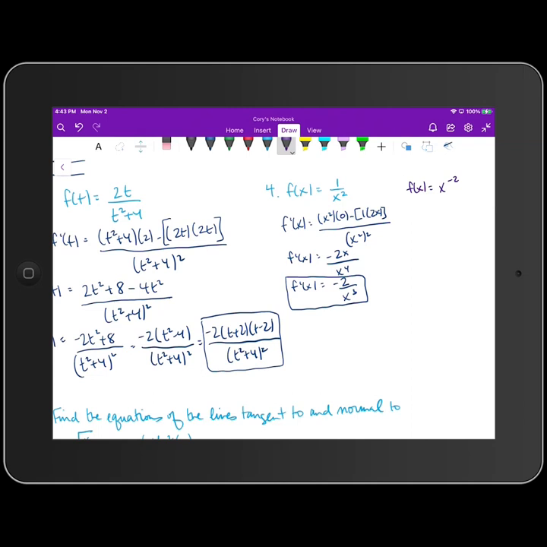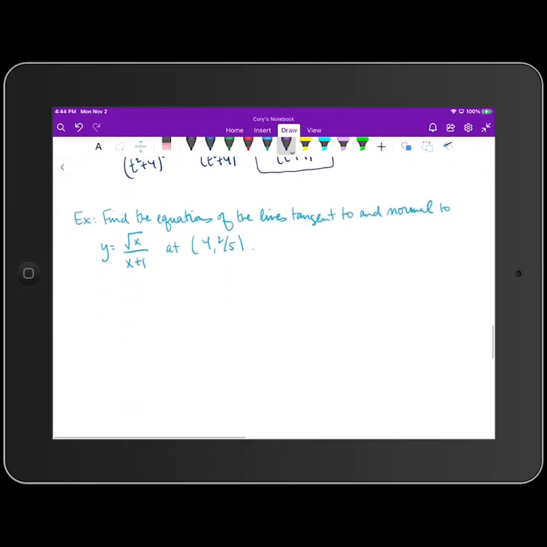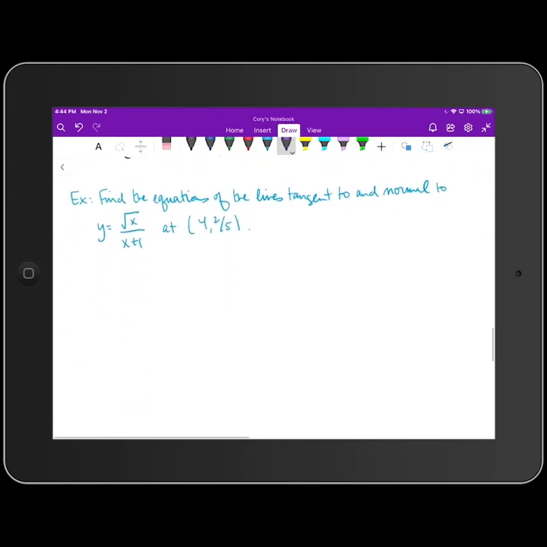And then you can use power rule to differentiate that, which is going to make f prime equal to negative 2 times x to the negative 3rd power, which you can rewrite then as negative 2 over x cubed. So you get the same derivative either way. I think just the way we worked it out in purple on the right is a little bit faster, a little bit more efficient. Okay, on to our last two examples.